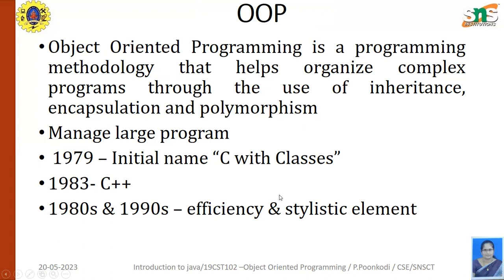Initially, when they developed the C++ program, they named it C with classes in 1979. After that, in 1983, they renamed it C++. During the 1980s and 1990s, efficiency and stylistic elements were used with object-oriented programming using C++.